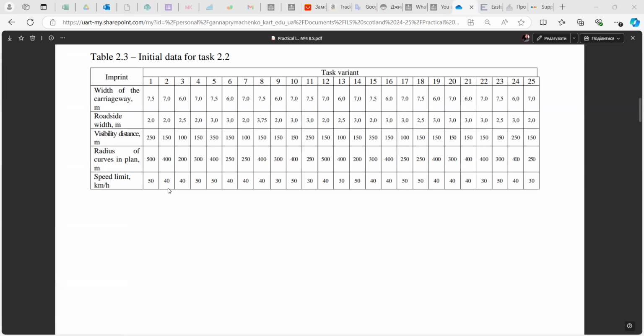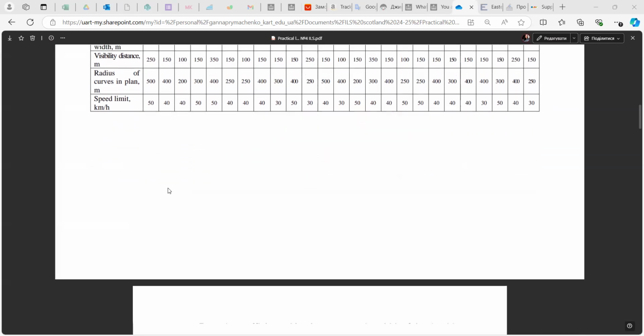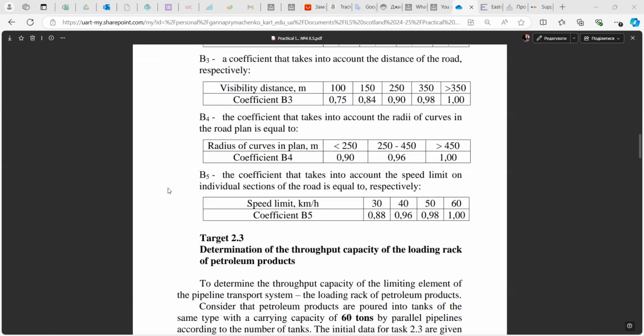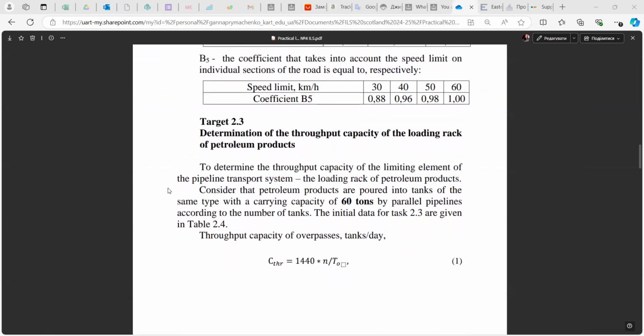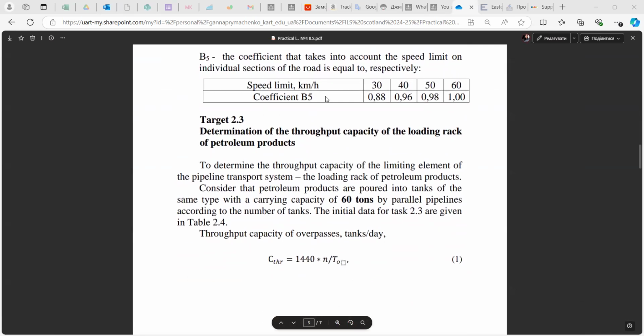Okay, and come back to our table. And find how much your coefficient B with index 5 is, it can be 0.88, 0.96, 0.98, or 1. Please find the information for your variant, and multiply by this coefficient also.